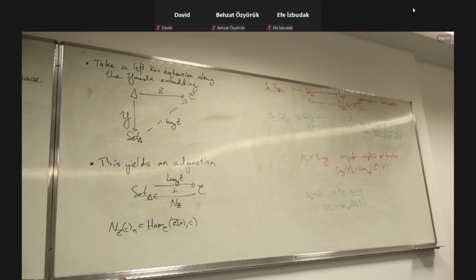You have the normalized chains functor and the inverse of that. But then you don't have topological spaces involved in the mix. You can, yes, but in that case, it is much better to pass through Dold-Kan because Dold-Kan is a nice equivalence of categories.